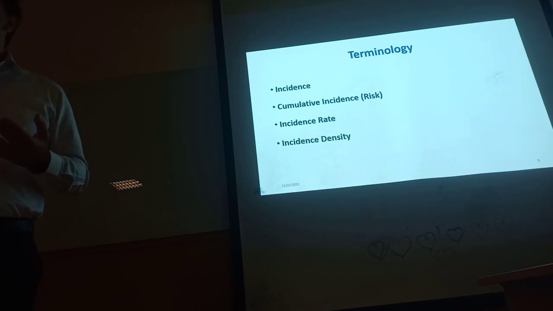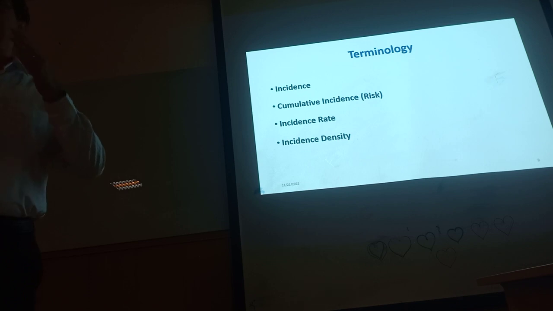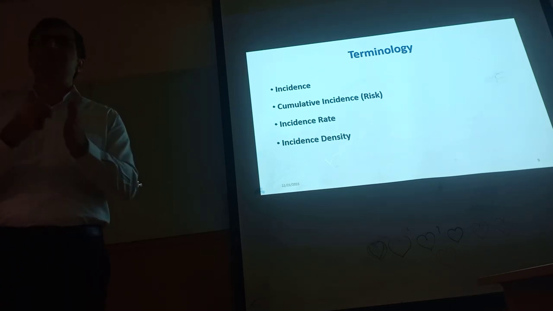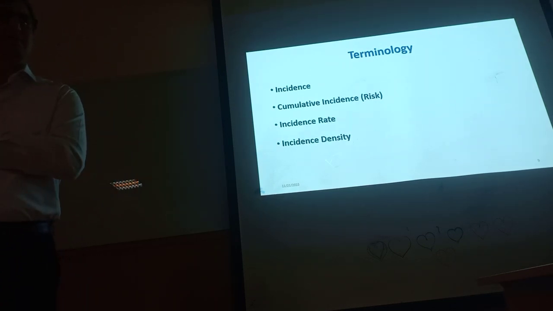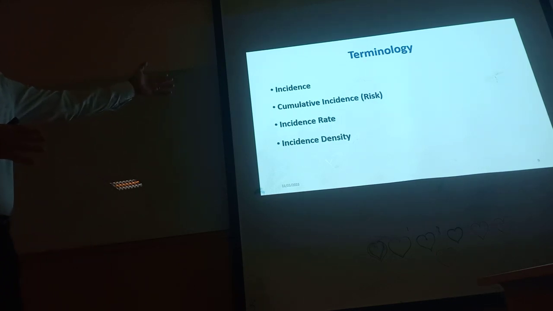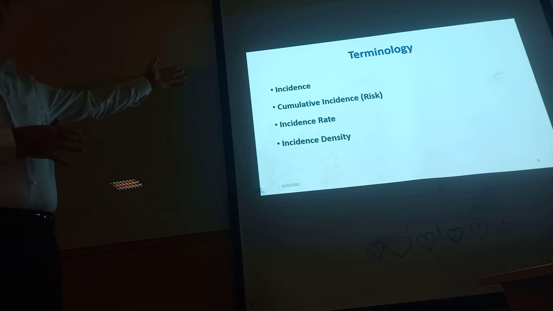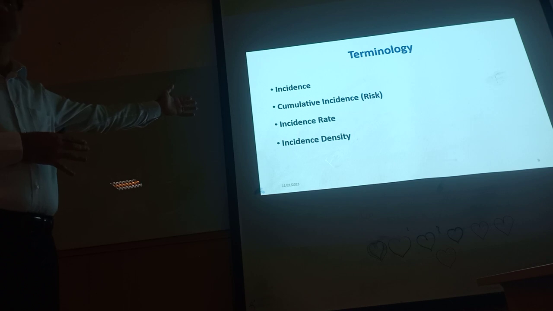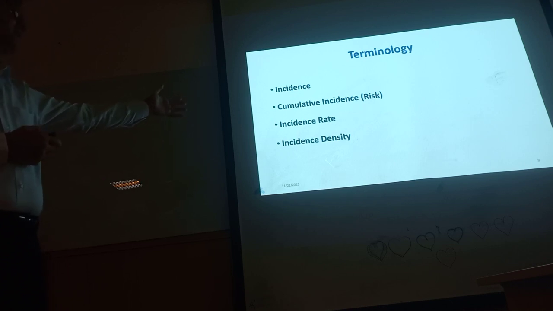For the incidence density, also the numerator is the same, the number of new cases in a specific period, but in the denominator, we have the number of person time at risk. So for all of these measures, the numerator is the same, but the denominators are different.